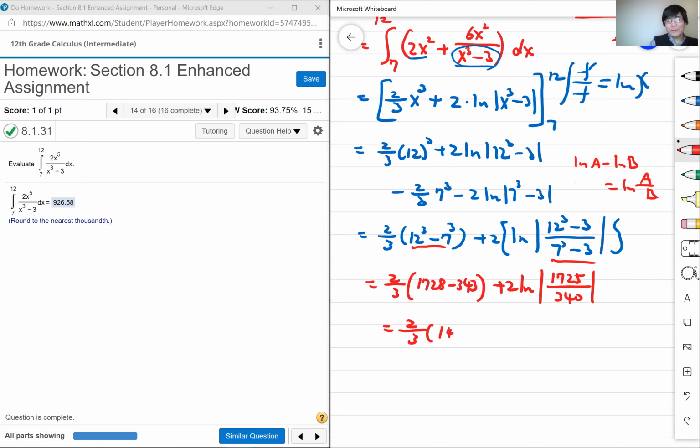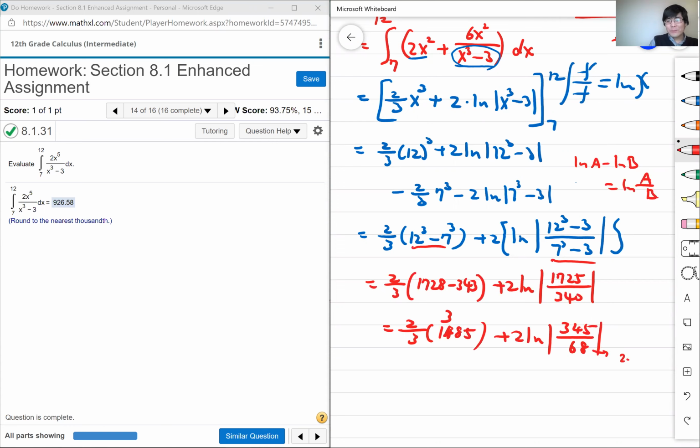It's going to be 1485. No, 1485, no, 1385 plus 2 ln. Top and bottom is a multiple of 5, so divided by 5, it's going to be 345.